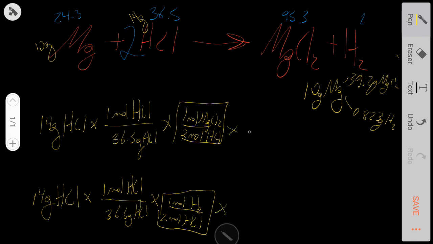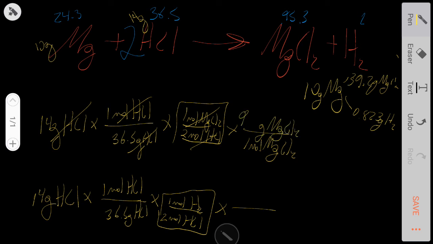And finally, convert that to grams. So if I've got grams HCl, that cancels with grams HCl. Mole HCl cancels with moles HCl. Mole MgCl2 is going to cancel with 1 mole MgCl2. And on top, my final answer should be grams of MgCl2. And there are 95.3 grams in 1 mole of MgCl2.